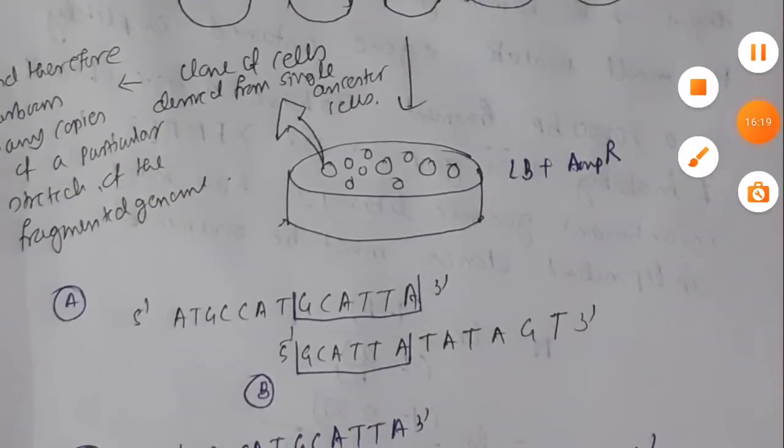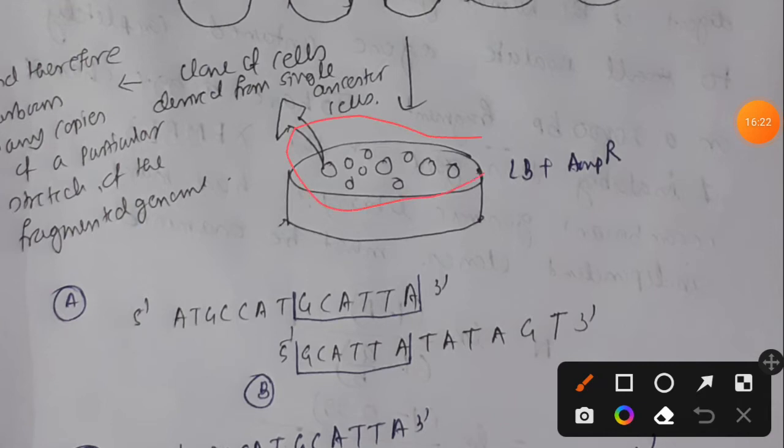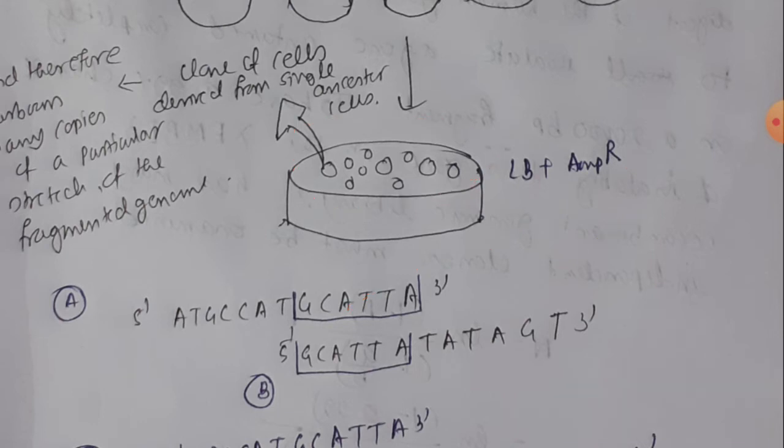In that way, you will end up with a set of recombinant colonies that will together contain the entire DNA of a particular genome. Okay, so that is the idea of the genomic DNA library.